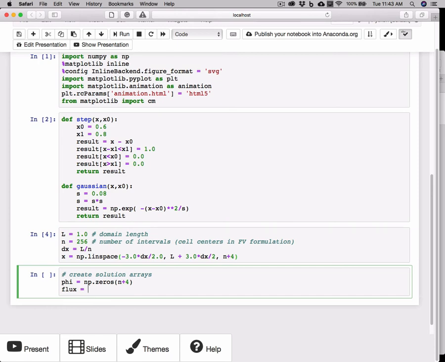Now, for the fluxes, I'm going to call it flux. How many points do we have for the flux? So let's count. Let's say these are the interior cells.